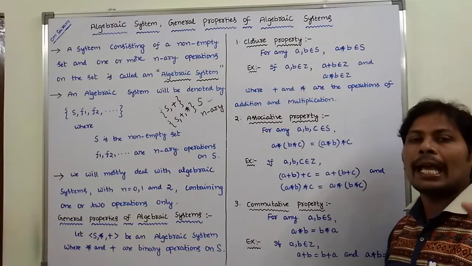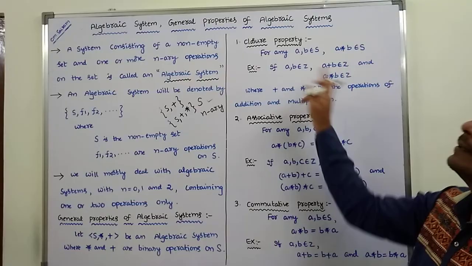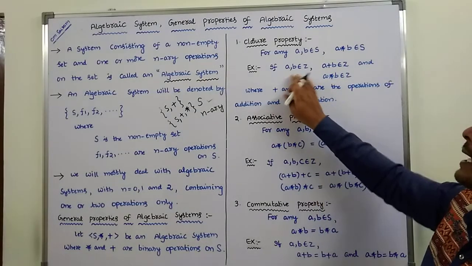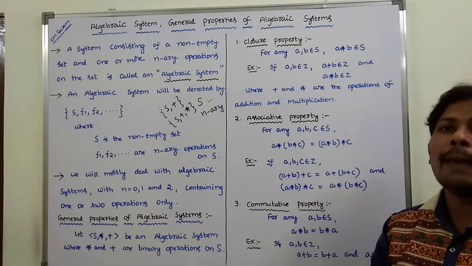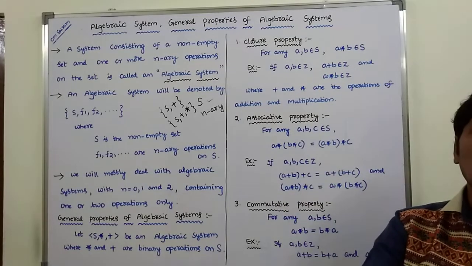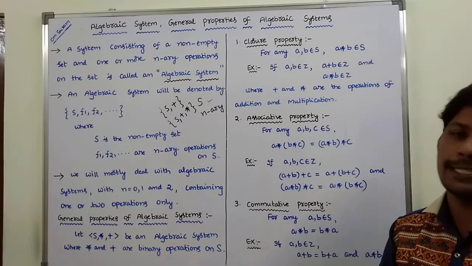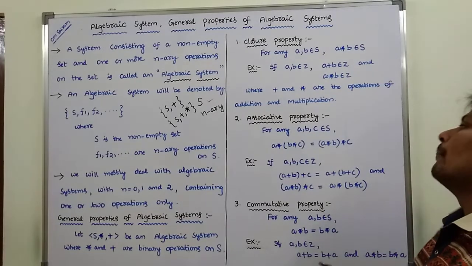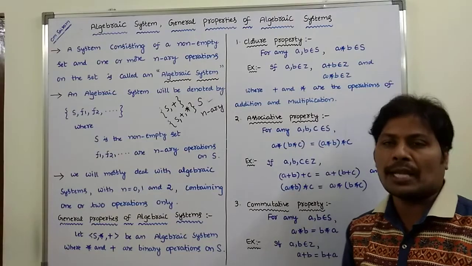We take any two elements A and B from the set Z, written as A comma B belongs to Z. Then A plus B also belongs to Z and A star B also belongs to Z, where plus and star are the binary operations of addition and multiplication.